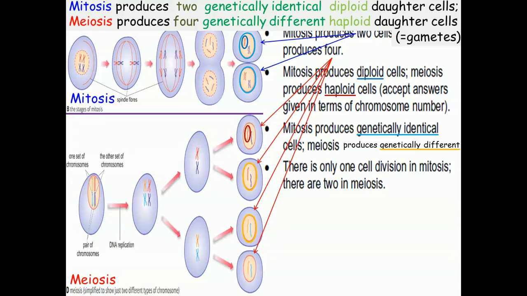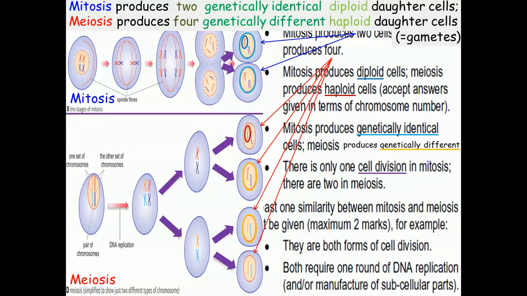They're diploid cells that are produced in mitosis, but meiosis produces haploid gametes. Another difference is that there is 1 cell division in mitosis, so 1 cell divides into 2, but in meiosis the cell divides twice, from 1 cell to 2 and then 2 cells to 4.